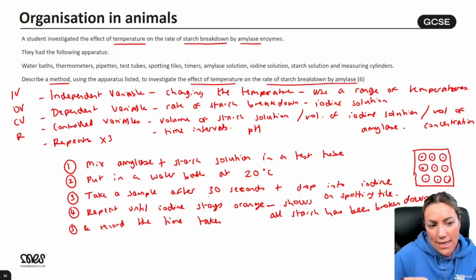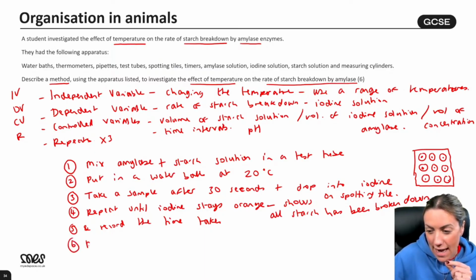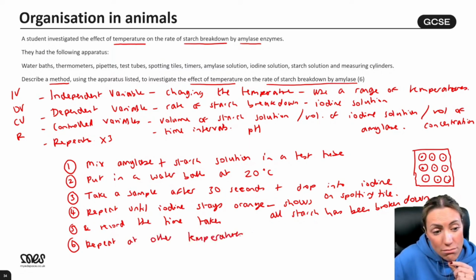And you're going to repeat this until the iodine stays orange, because that is going to tell you all the starch has been digested. There's no starch left. Record the time taken. And then we can just say repeat at other temperatures. And if you want to, you could suggest some.